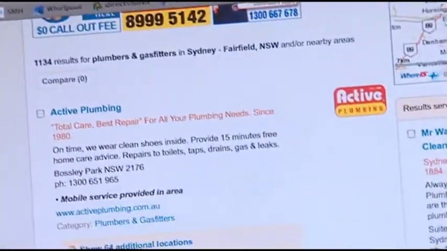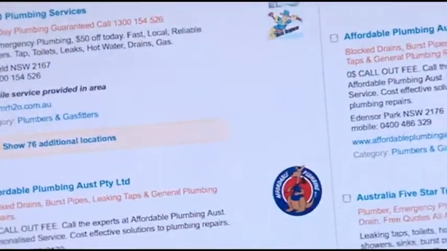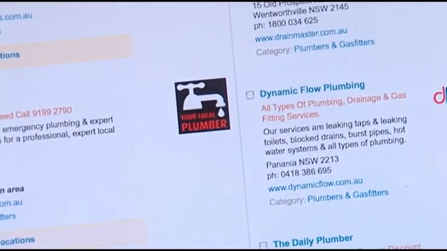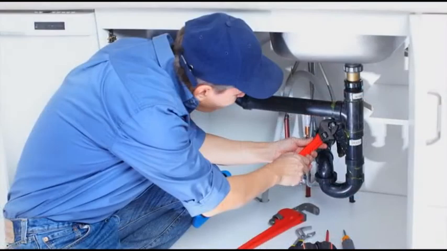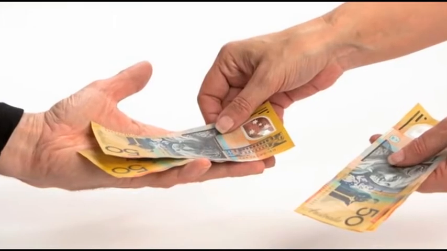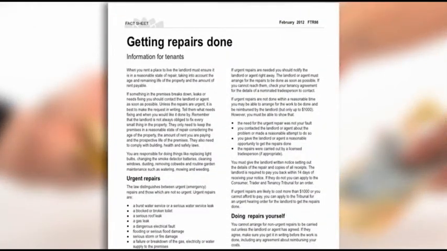If you cannot contact the landlord or agent, or if they don't fix the problem in a reasonable time, you can arrange for a qualified tradesperson to fix the problem and pay for it yourself. You can get your money back from the landlord within 14 days.